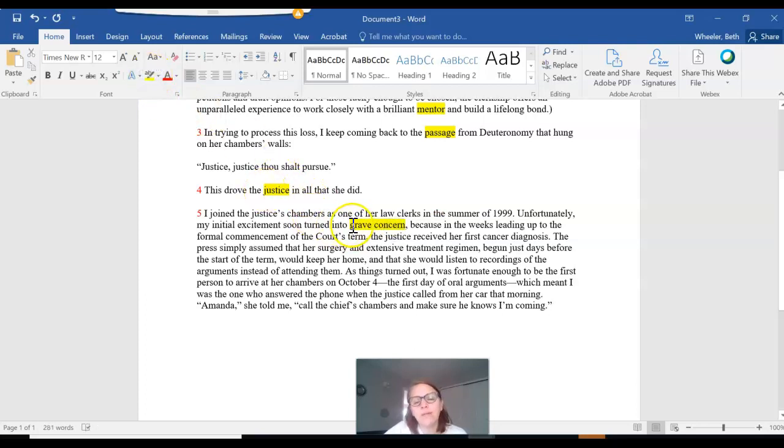I don't really need grave, it could just be concerned, but this is where she starts to tell her story about knowing about the cancer, knowing about her diagnosis, and her most recent experience with treatment, because she's been in and out of treatment for a couple of years now. So yeah, I would say concern. I'm going to take the grave away.